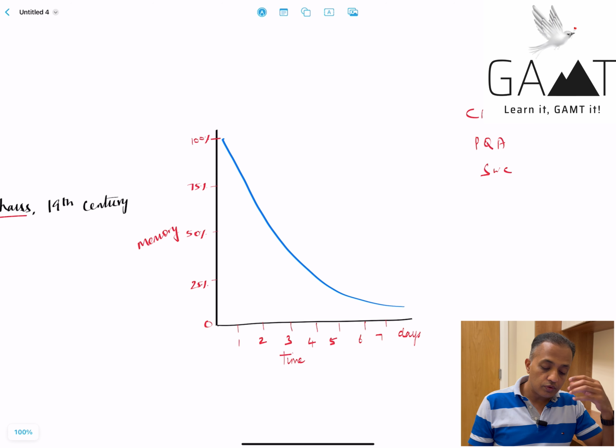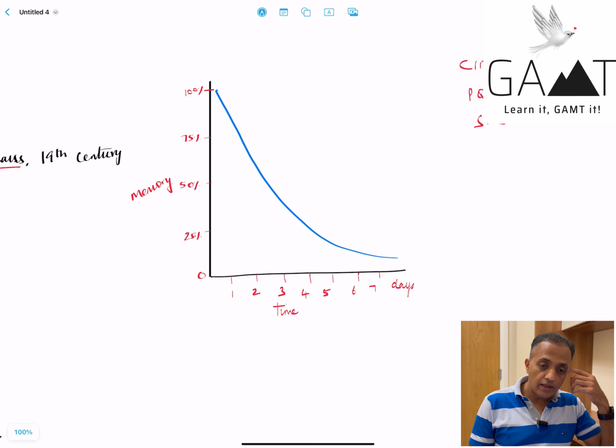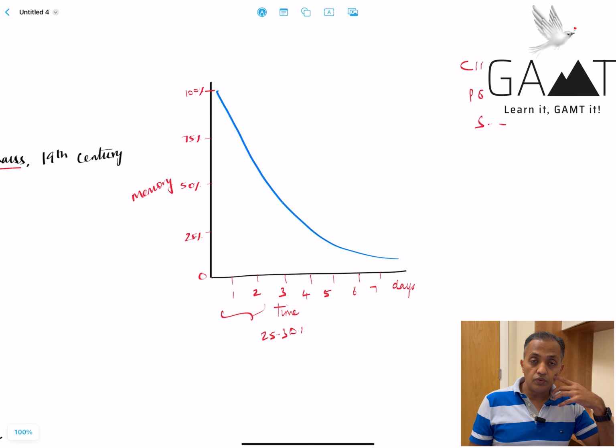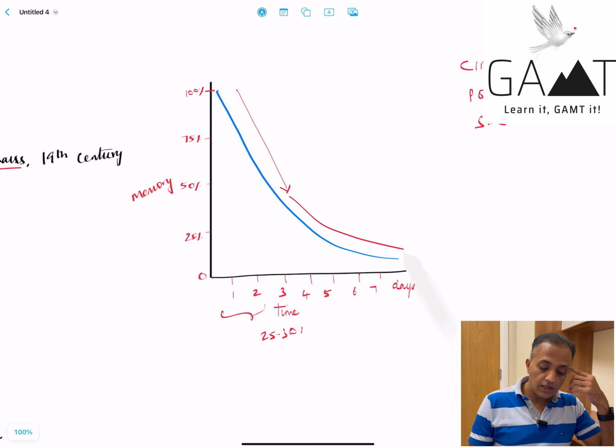What he found was that memory declined at a very rapid pace. After the initial 48 hours, you only remember 25%, 30% of what you read 2-3 days ago. That's a very steep decline in the curve, and it keeps going down until it reaches the bottom.